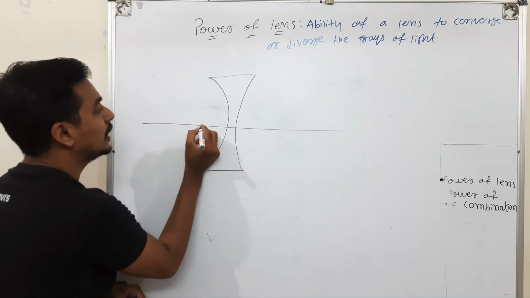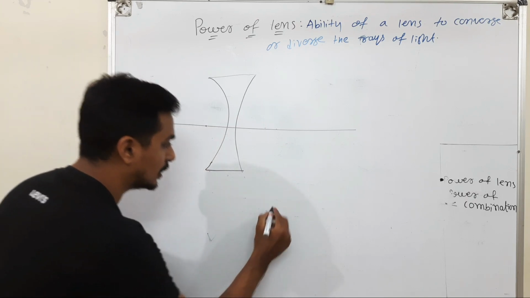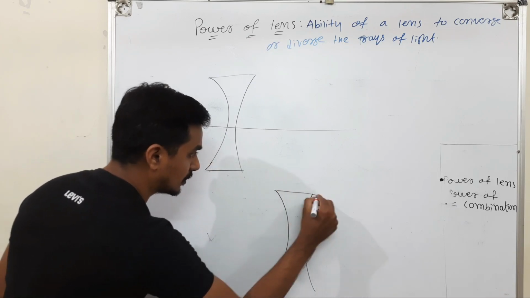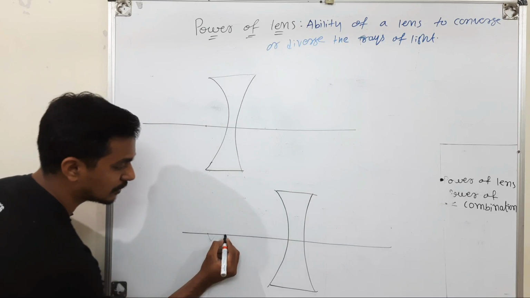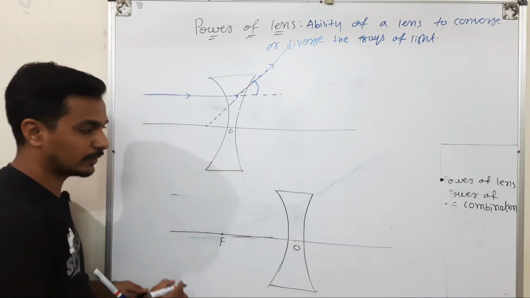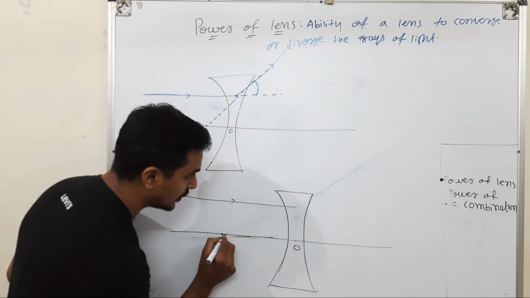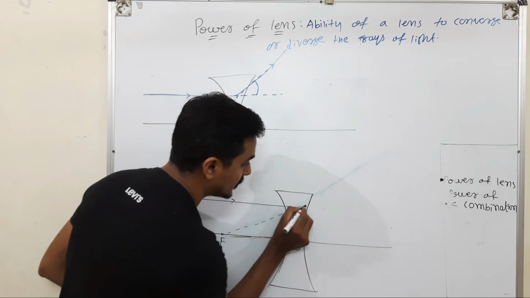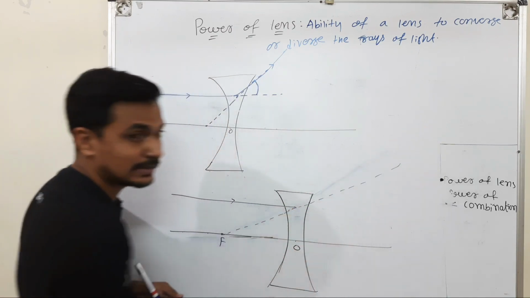Let us take another lens having a very large focal length. The parallel ray after refraction will diverge like this.